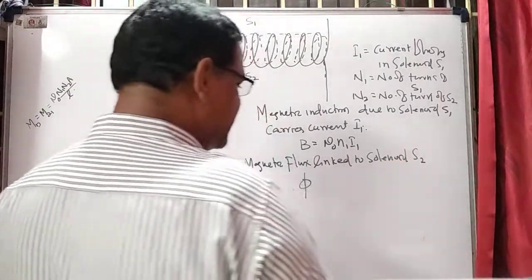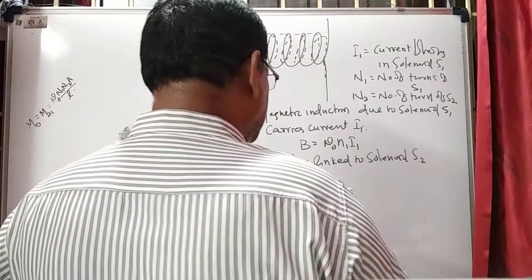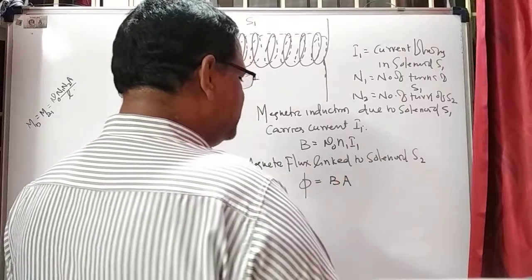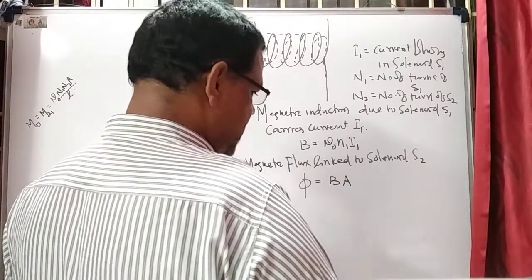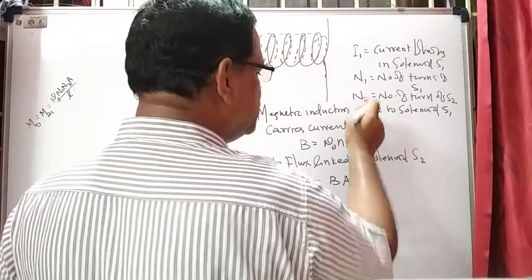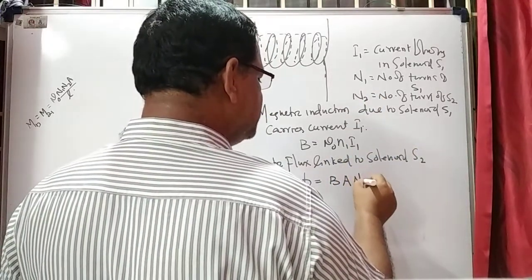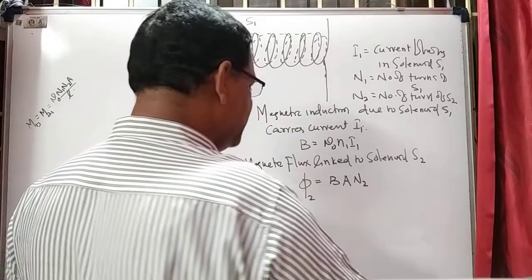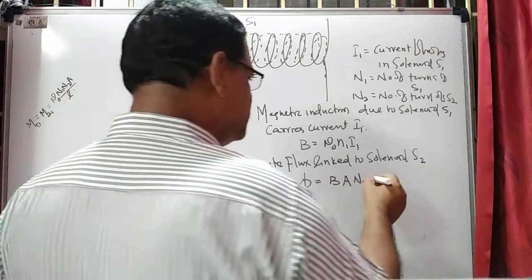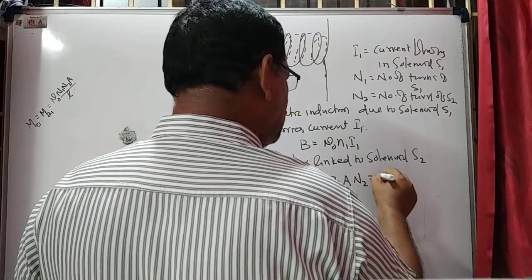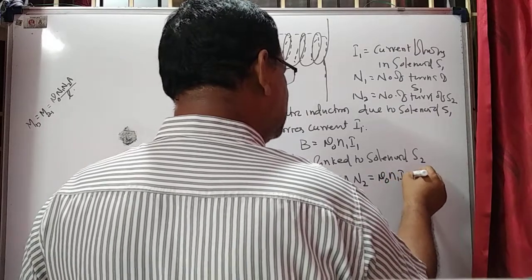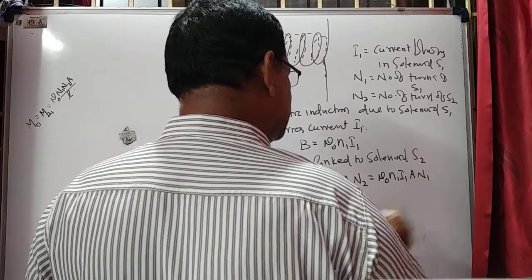The flux phi is equal to B into A, and if it has N2 turns, the flux linked to coil 2 is phi 2 equal to B A N2. And what is B? B equals mu naught N1 I1.